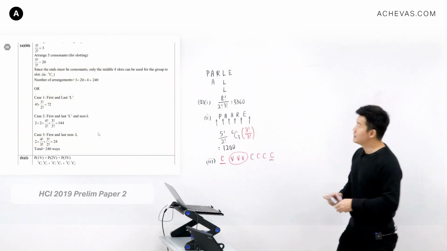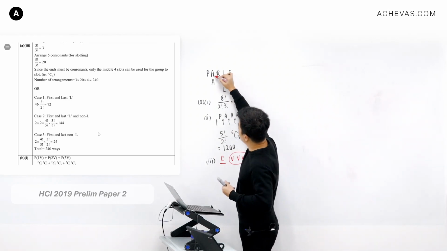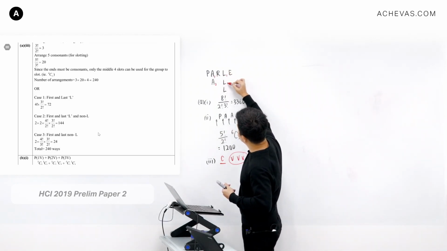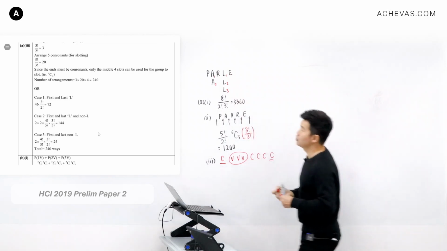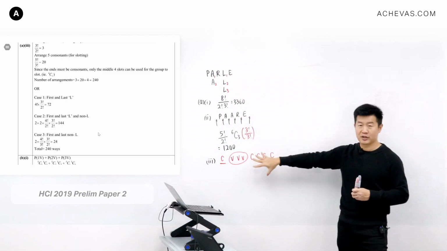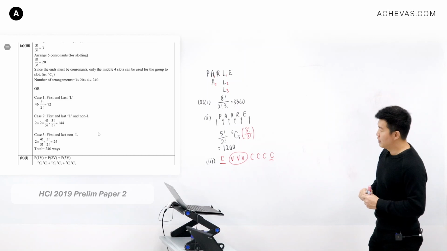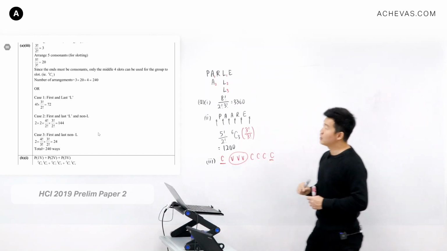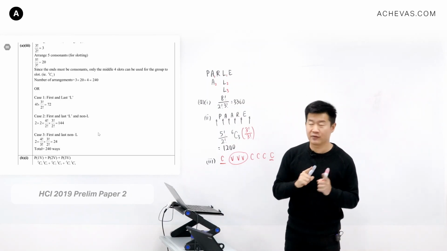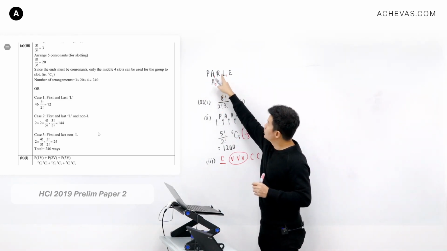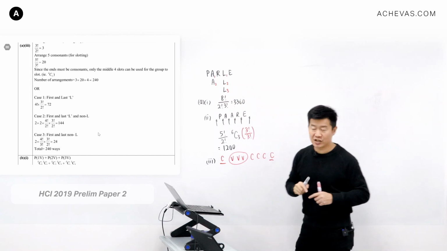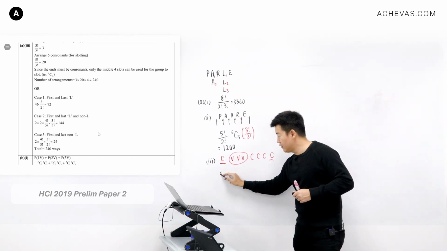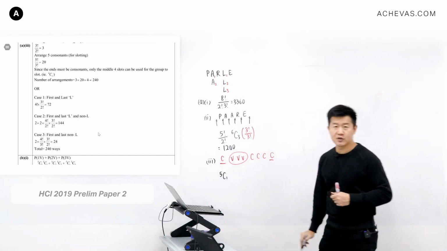Now, I'm going to see this as A1, A2, L1, L2, L3 in order for me to do part 3. So I want the first to be a consonant, the last to be a consonant. How many distinct consonants do we have? We have 1, 2, 3, 4, 5 distinct consonants. So out of 5, I'm going to choose 1 for the first consonant.